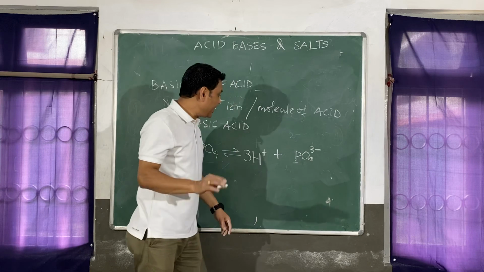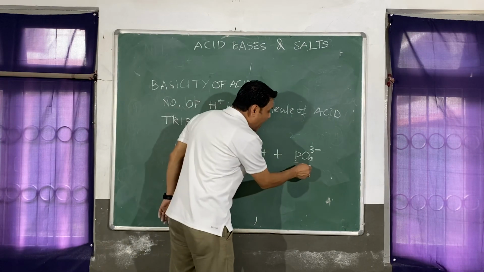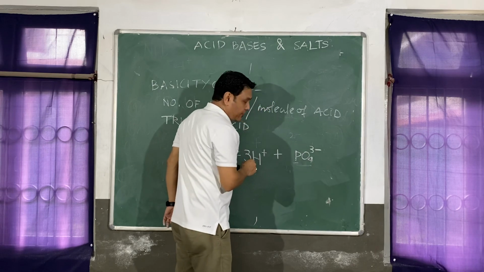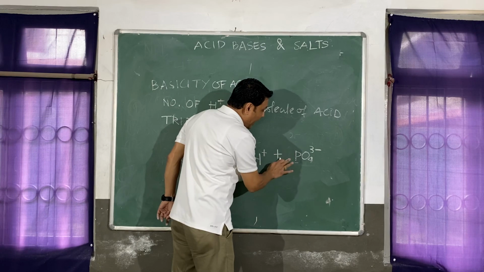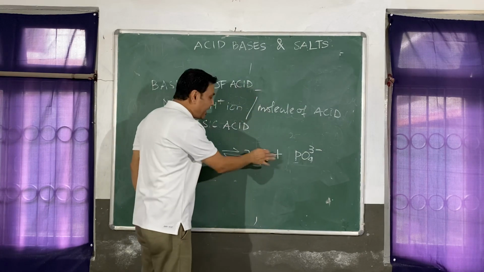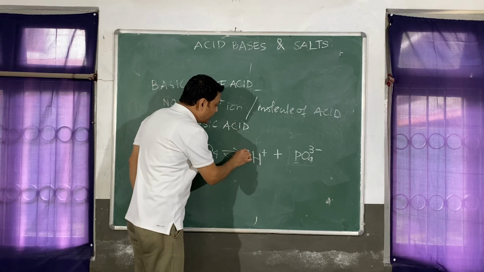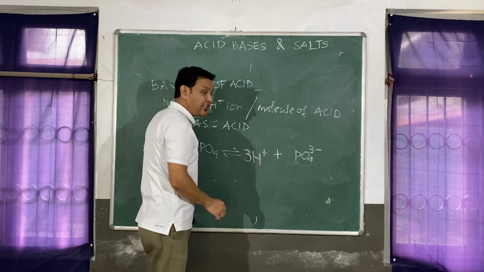Getting my point? I repeat it once more. PO4 3 minus means 1 phosphate ion having 3 negative charges. Over here, 3H plus means 3 ions of hydrogen having only 1 positive charge each.